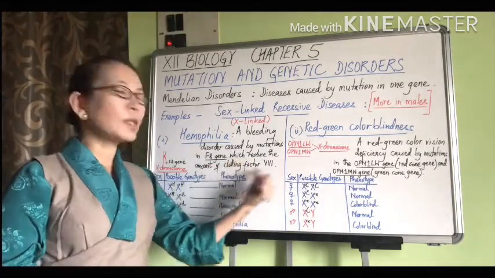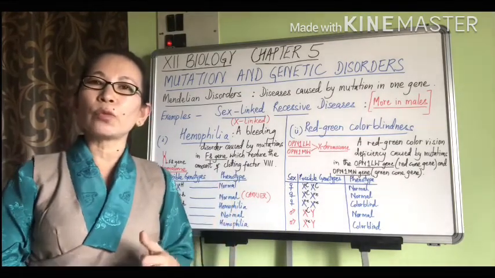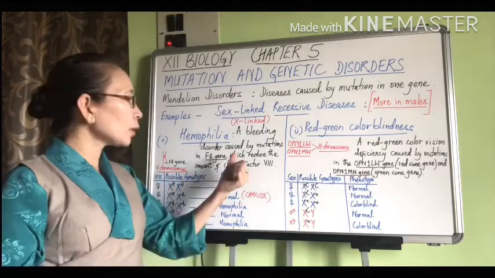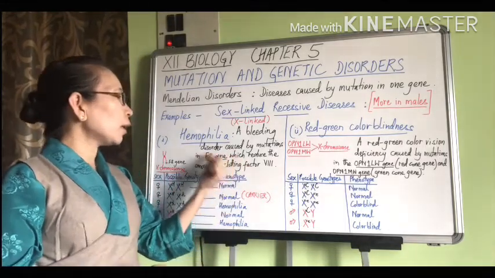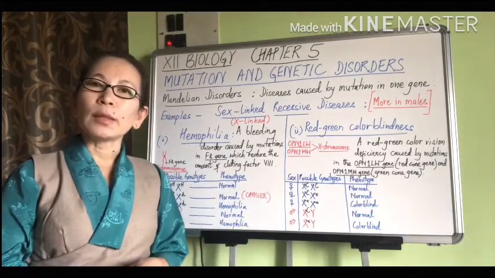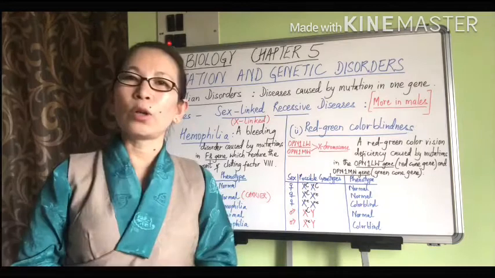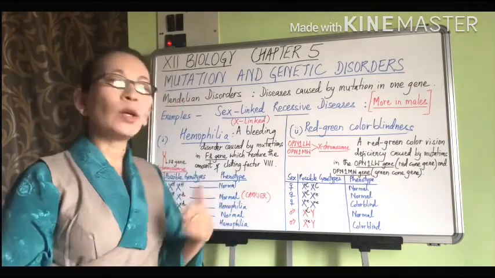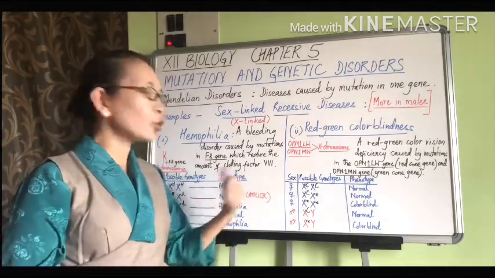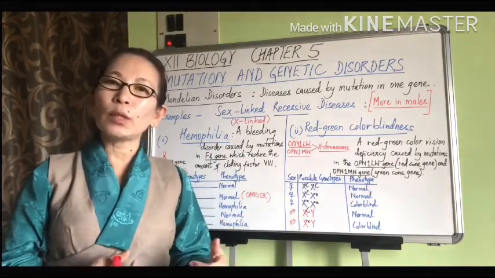The F8 gene is responsible for synthesizing clotting factor 8, which is essential for blood clotting. Because individuals with hemophilia have very low amounts of clotting factor 8, they do not have proper clotting whenever there is a cut or an injury to the blood vessels. This results in prolonged or excessive bleeding.